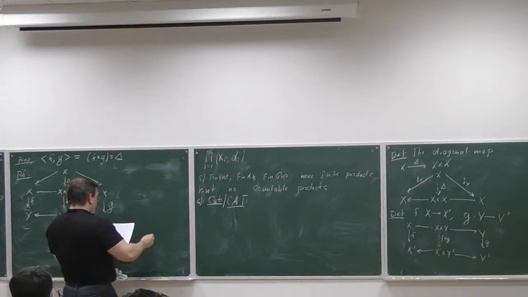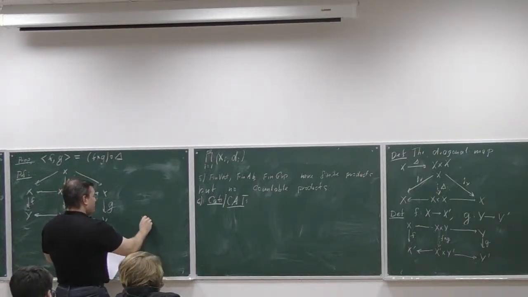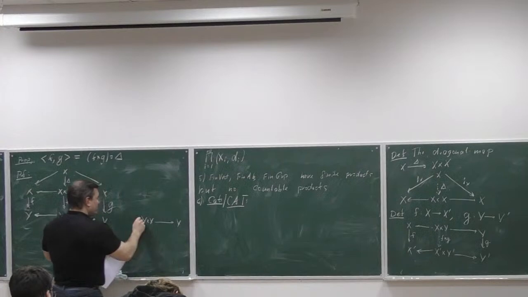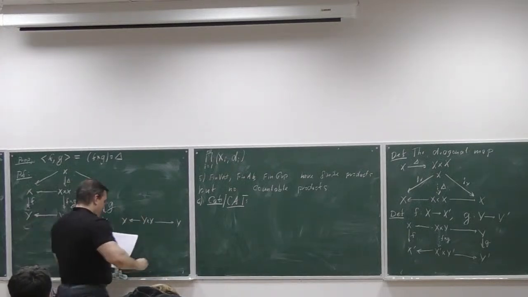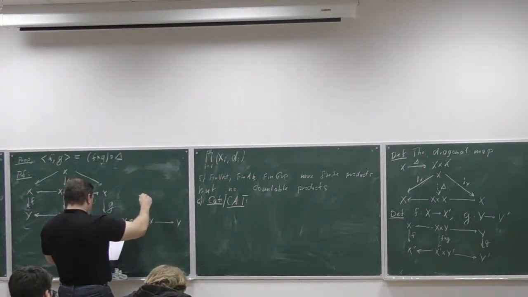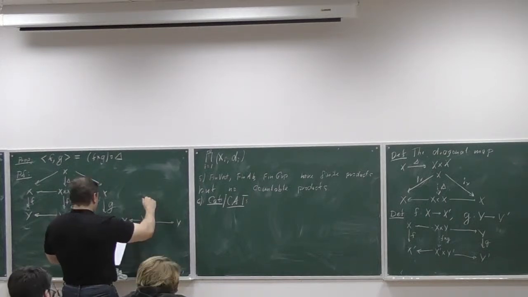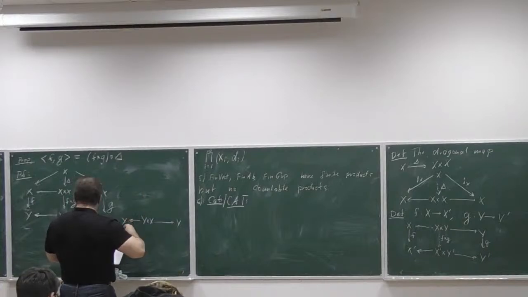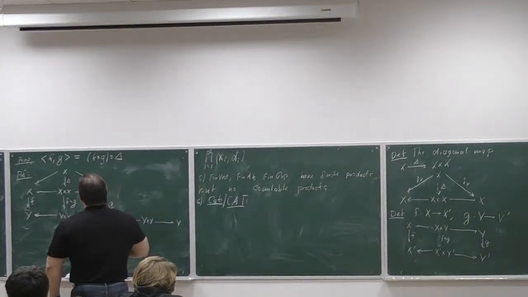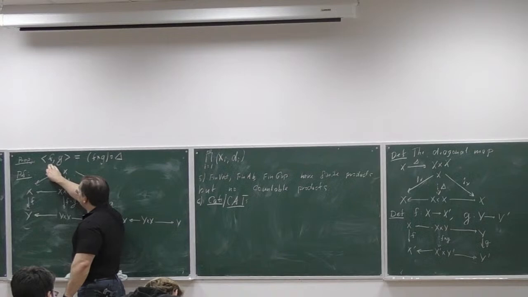And then we have another diagram, Y product with Y, two projections to the Y, and now here, what was it? This is product.